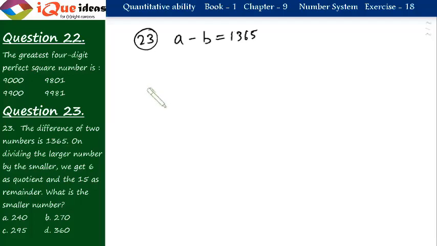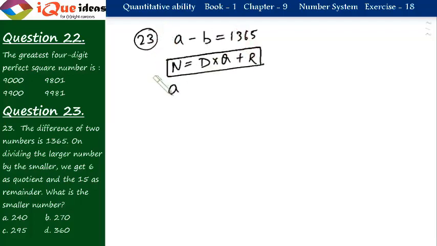Now I hope you remember, when a number is divided by a divisor, there is some quotient Q and the remainder R. In this case, we are dividing the larger number, so the number is A, and we are dividing by the smaller number, so the divisor is B, into the quotient, which is already given as 6, and the remainder is given as 15. So what we have is A is equal to 6B plus 15.